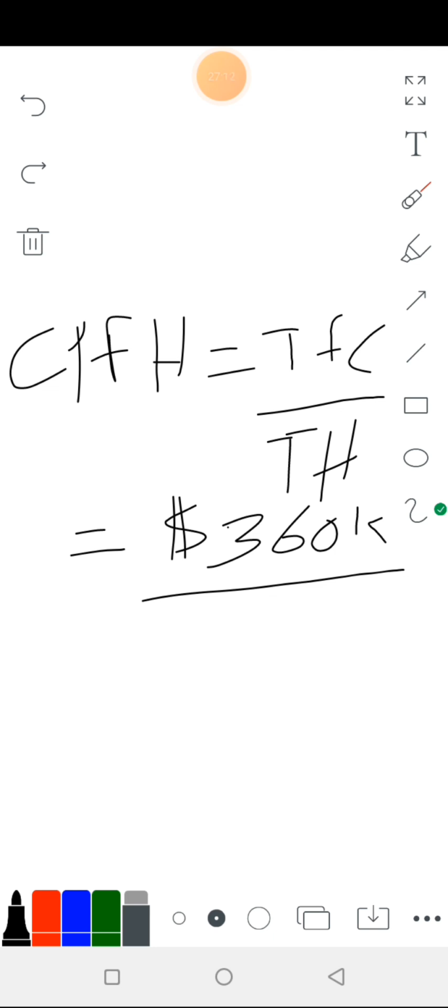We were told that only 48,000 hours were available. So 48,000 hours. Remember, these are hours. So if you punch these figures in your calculator, you are going to get $7.50.